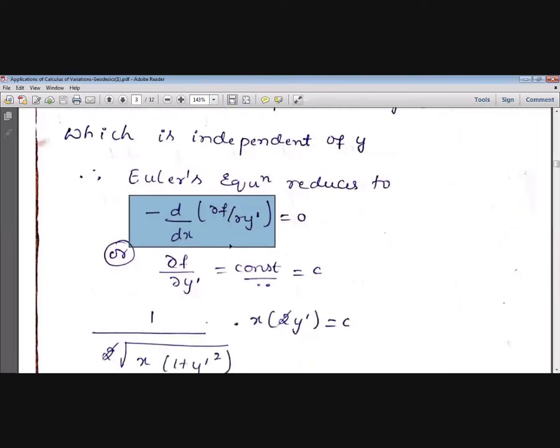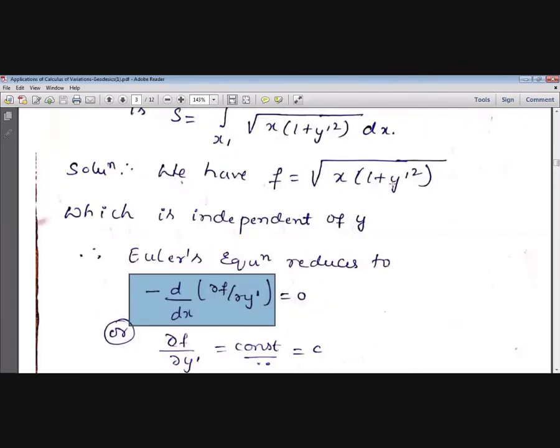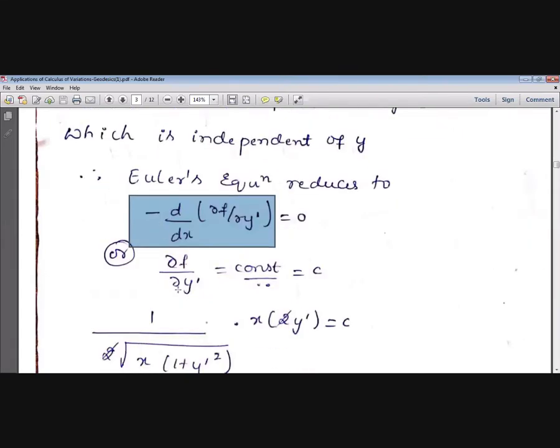Next, integrate. Integrate means dou f by dou y dash equals constant. Now write dou f by dou y dash. Instead of differentiating and integrating, just integrate, so write dou f by dou y dash. We can do that because we need to eliminate this d by dx. To eliminate d by dx, just integrate with respect to x.